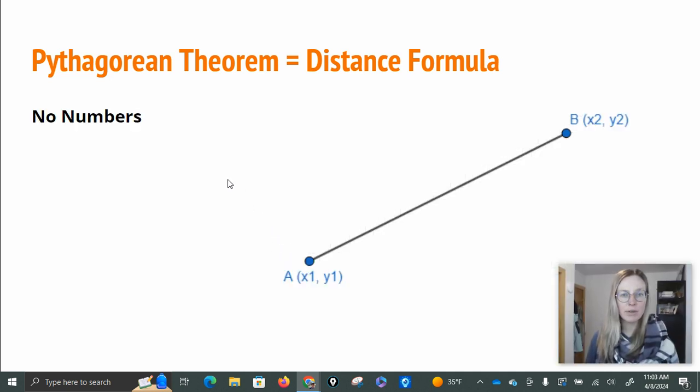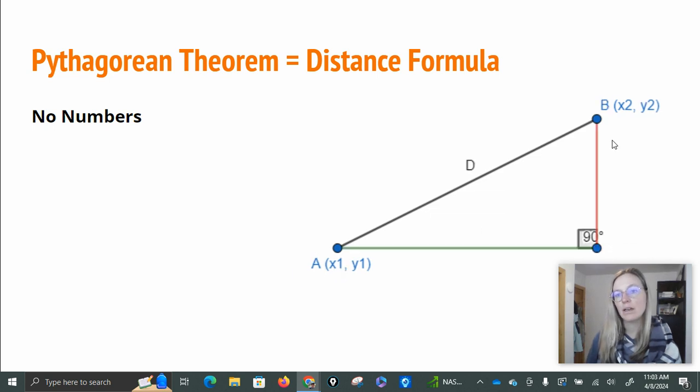So I'm going to now prove to you that that is the distance formula, but I'm not going to use numbers anymore. So I have coordinate point A and coordinate point B, but to represent that these are different coordinate points, I labeled them slightly different to be an x1 compared to an x2. So I'm following that same process that I did.